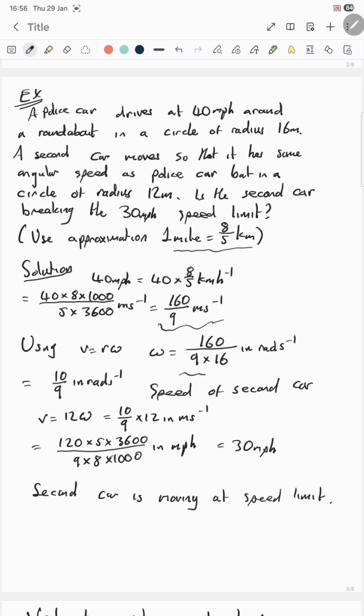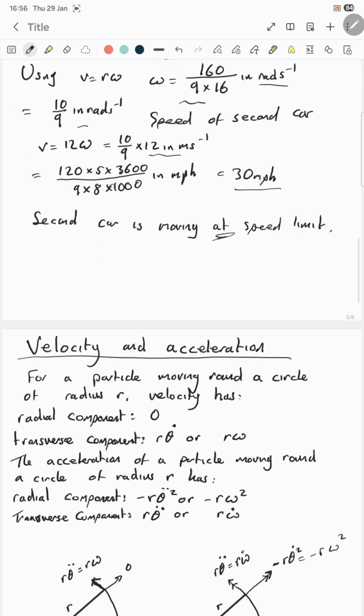We get 160 over 9 divided by 16, which is 10/9 radians per second. So the speed of the second car equals 10/9 multiplied by 12 meters per second, or converting this into miles per hour is 30 miles per hour. So it's dead on the speed limit. So the second car is moving at the speed limit.